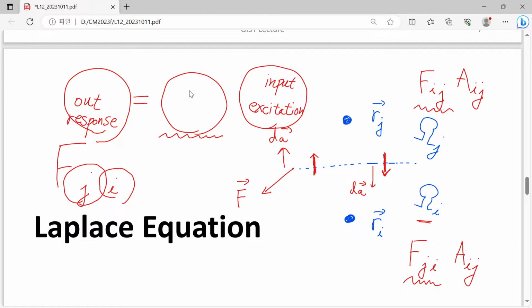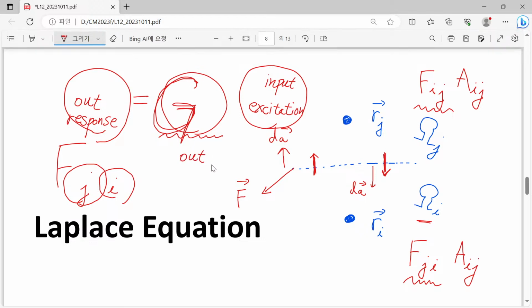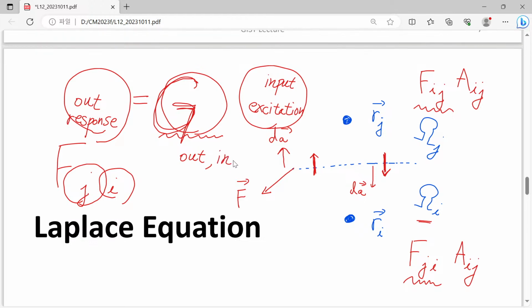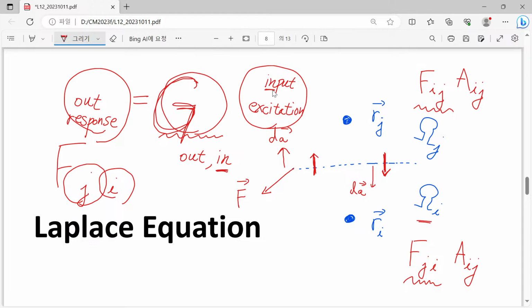Usually, when you say something like this, it is quite easy to say out, comma, in. That gives you quite neat notation because you know this input and input meet each other and are eliminated, and this output comes in.